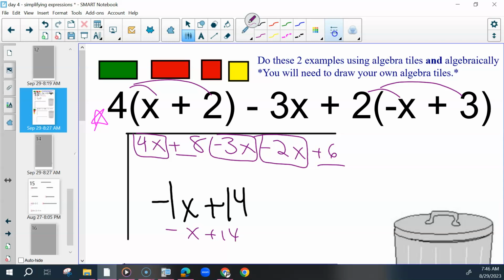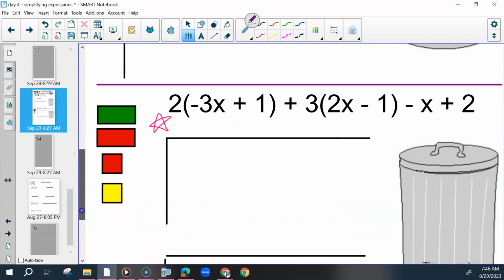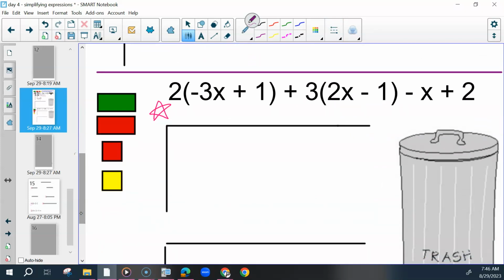So make sure you're finding your mistake, fixing it. Questions about that one? I meant to say, it does say use both, but you didn't need to do both. Alright, anyone else want to come put up your answer for this one?